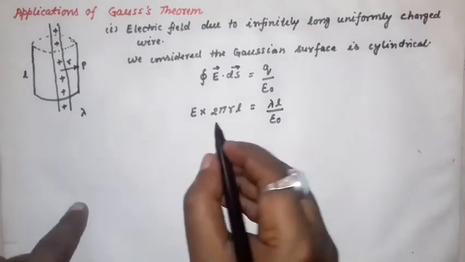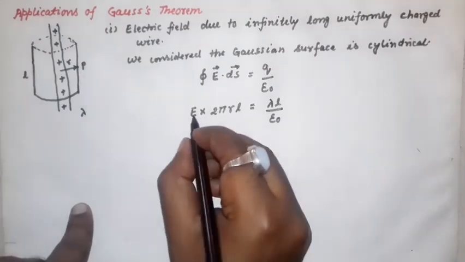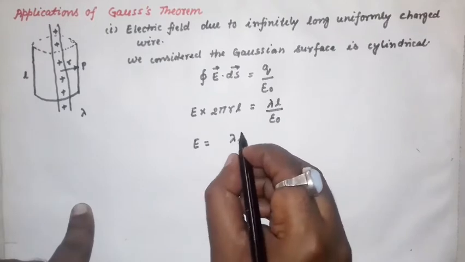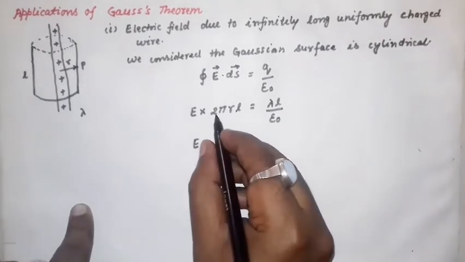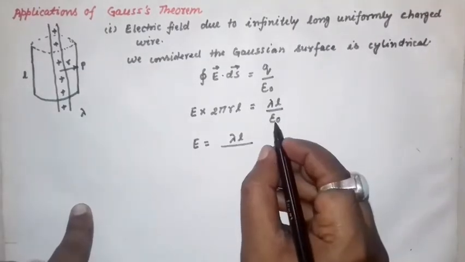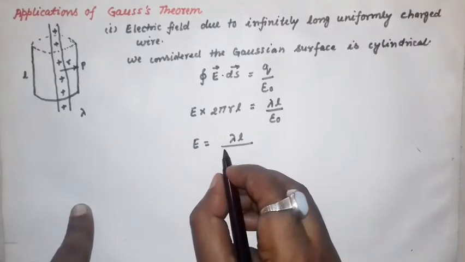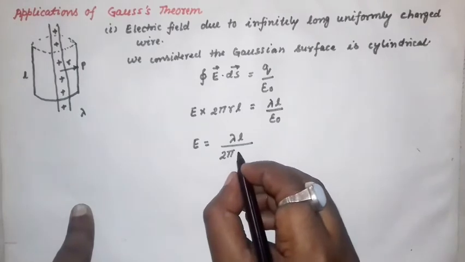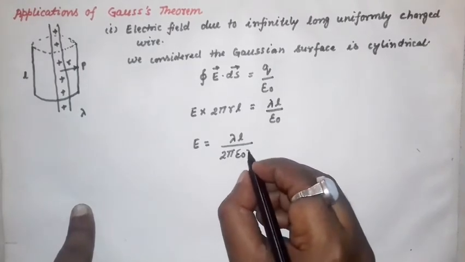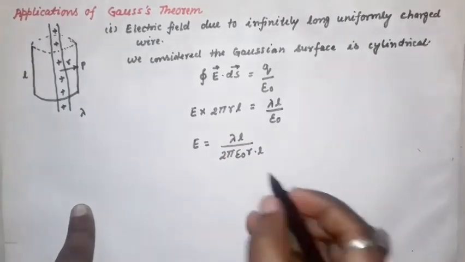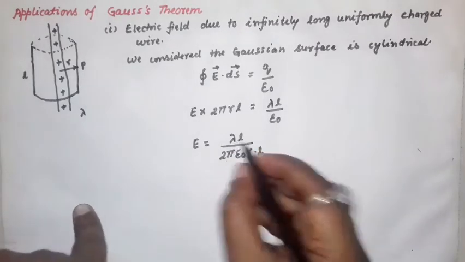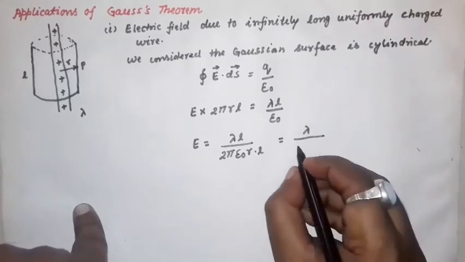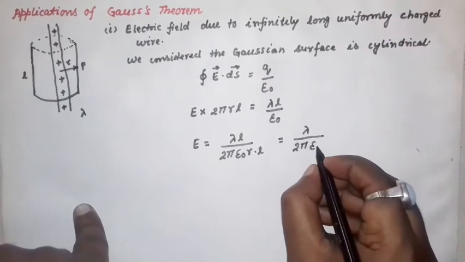So from here we can calculate E. So this E will be equal to lambda L divided by 2 pi epsilon naught r into L. L and L will be cancelled out, and only the remaining term will be lambda upon 2 pi epsilon naught r.